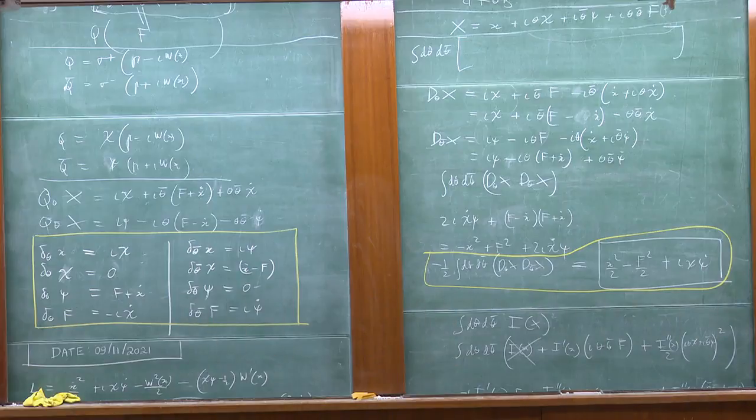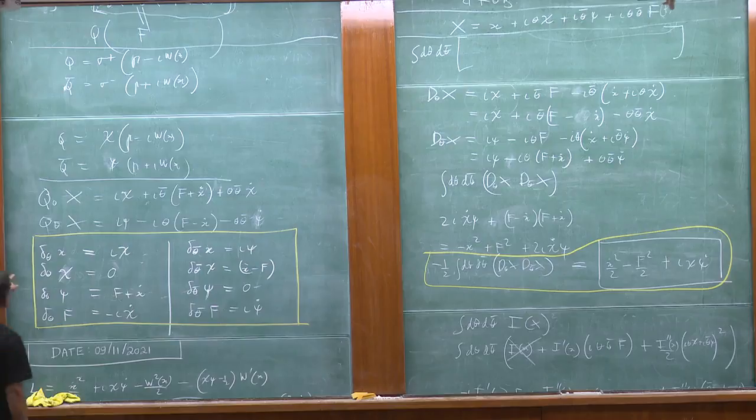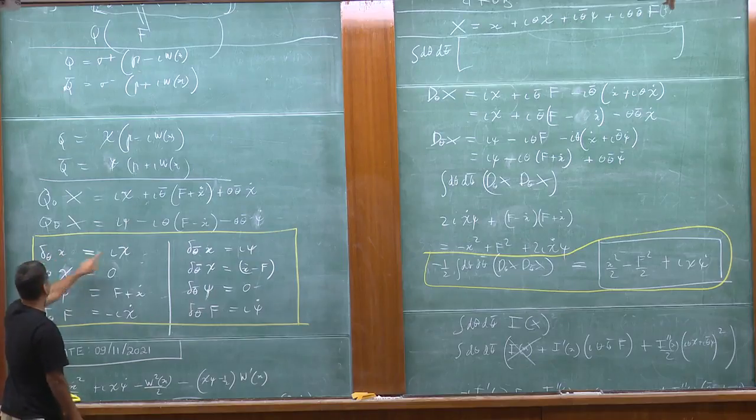Now, before we get too happy, let us check. Okay, how do we check? Well, these transformation rules should obey the algebra. In particular, if I act with a transformation delta theta twice, I should get 0. So if I act with delta theta once on x, I get chi.